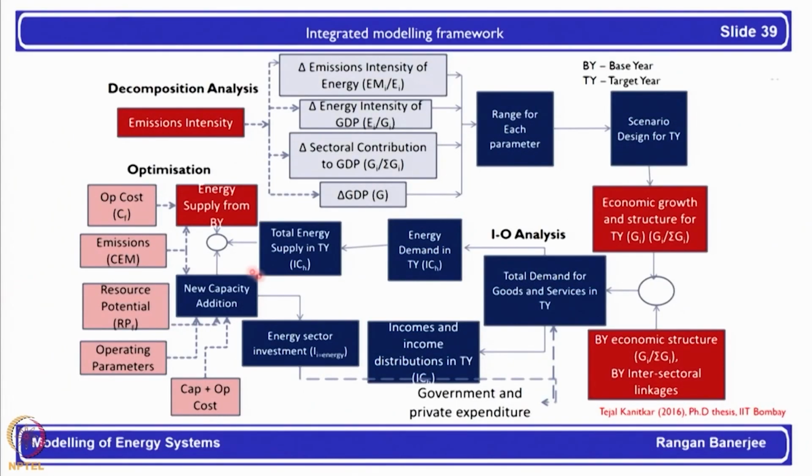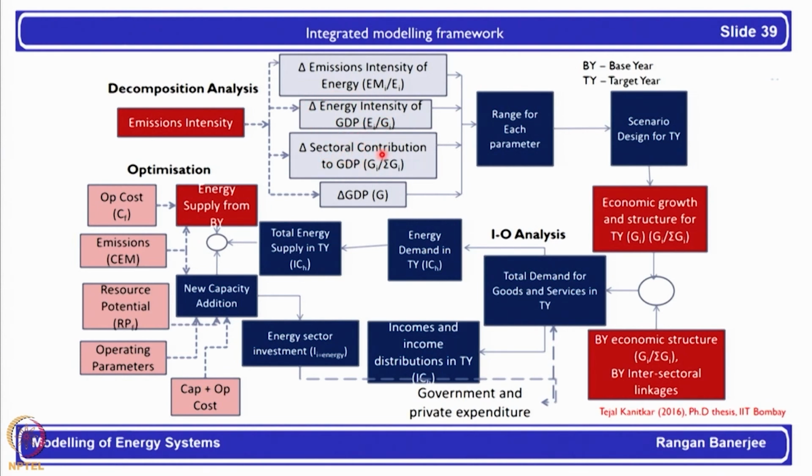In this, the approach that we had was, we essentially looked at the emissions intensity. The emissions intensity is the emission per unit of GDP, and we broke up the emission intensity into the energy intensity of the GDP and the sectoral contribution to the GDP.